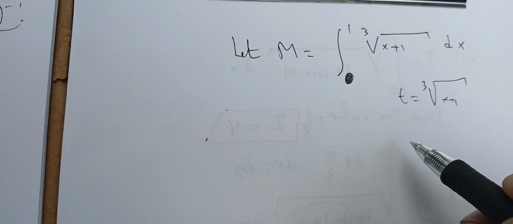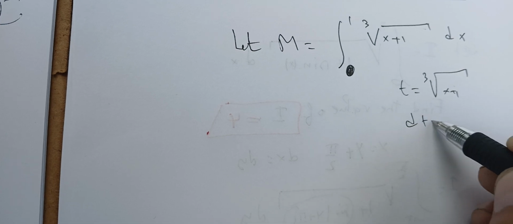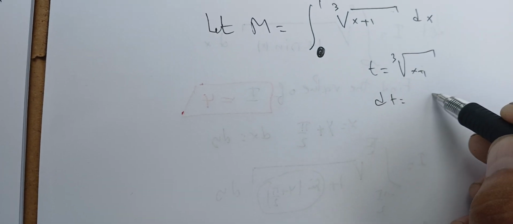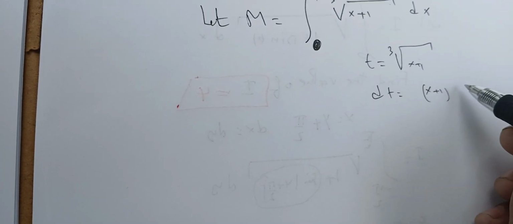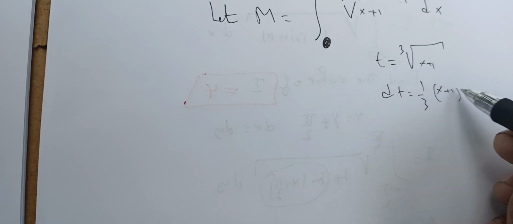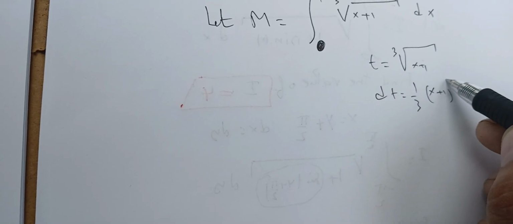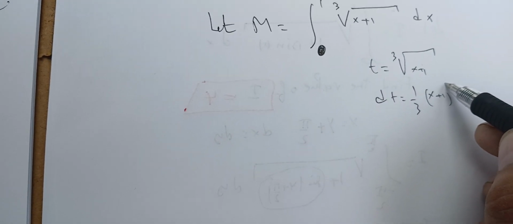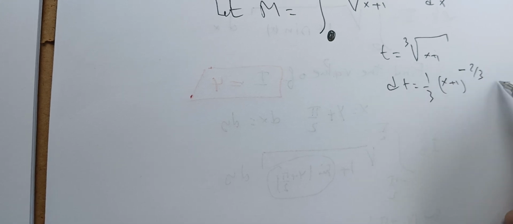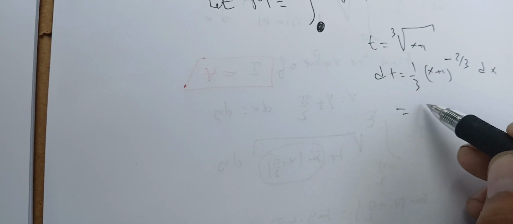Now let's compute dx. We have dt is 1 over 3, (x plus 1) raised to minus 2 over 3 dx. We can bring everything down.